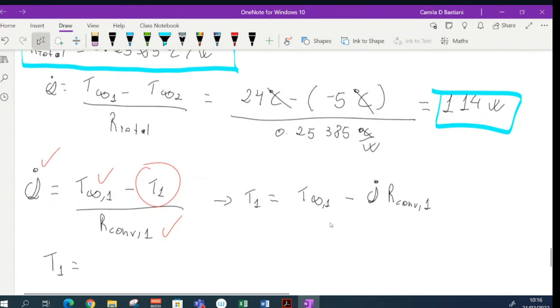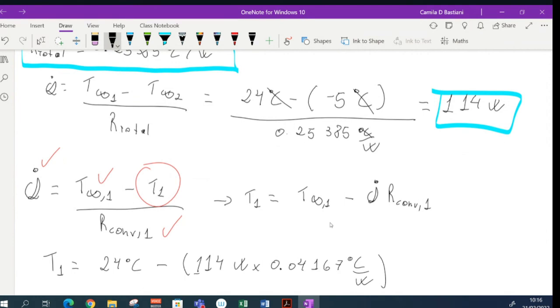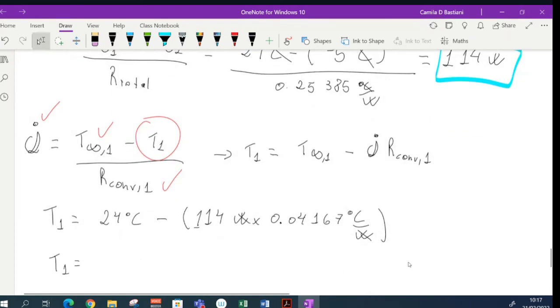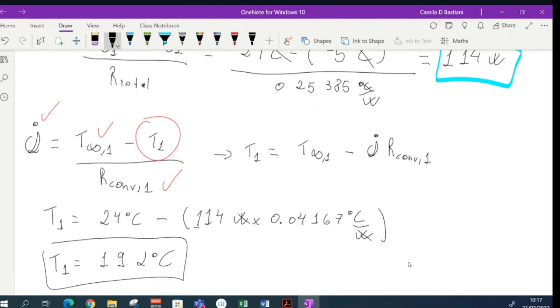So my temperature at the glass in the inner side is going to be my temperature of the air, 24 degrees Celsius, minus 114 watts, multiplied by the convection resistance between them. Cancel watts with watts. So my temperature of the glass in the inside is 19.2 degrees Celsius. Okay. Any questions on this one?